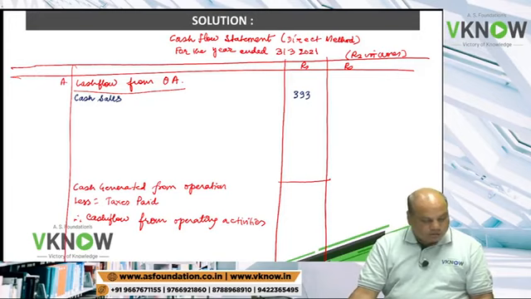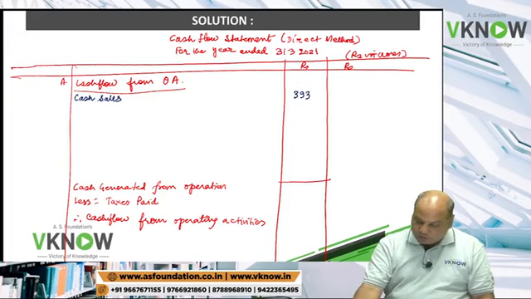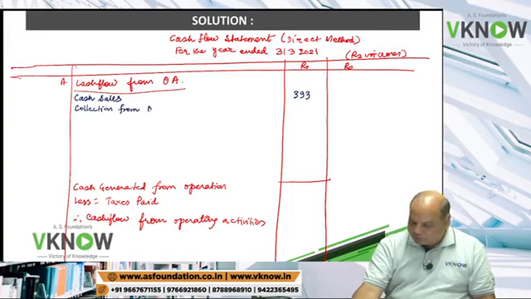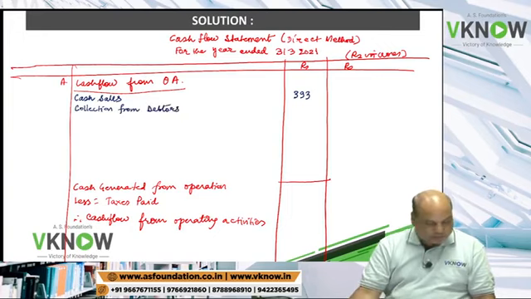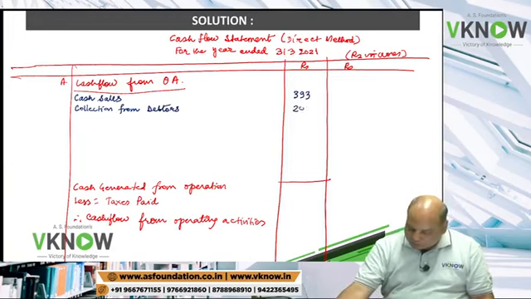Next line: receipt from credit customers totals 201 crore. So I will write collection from debtors, 201 crore inflow.